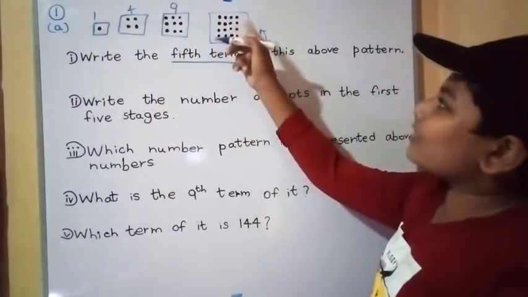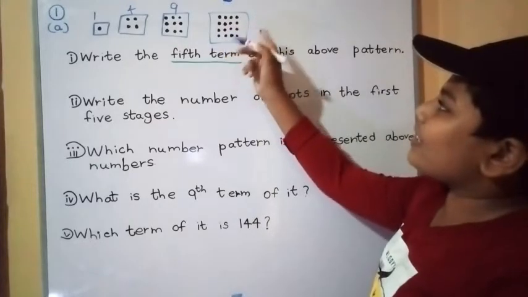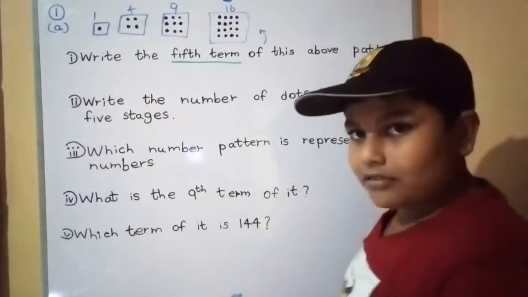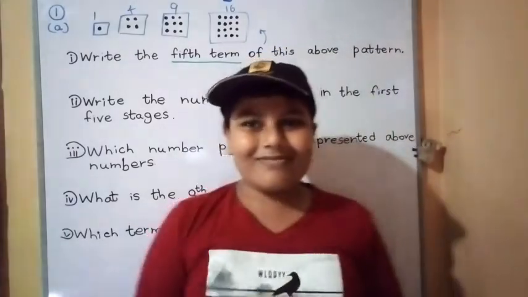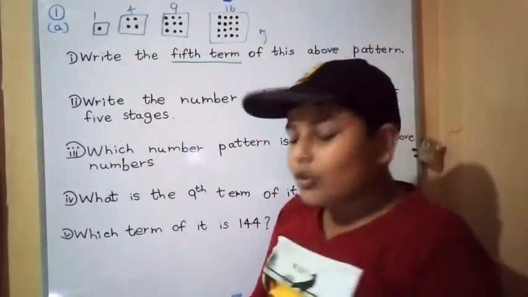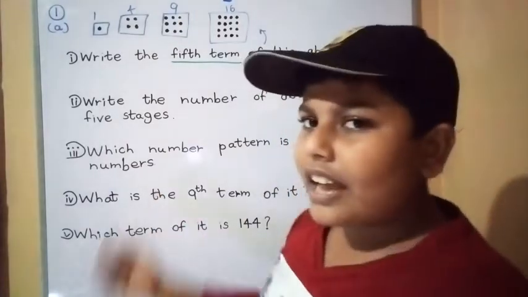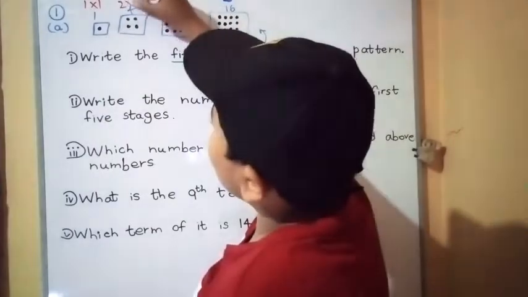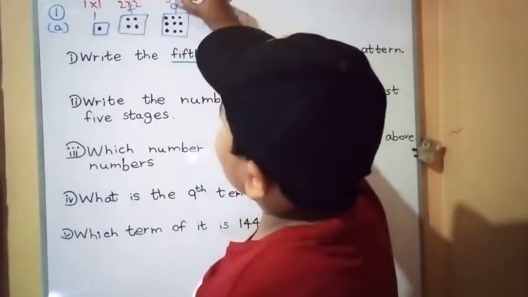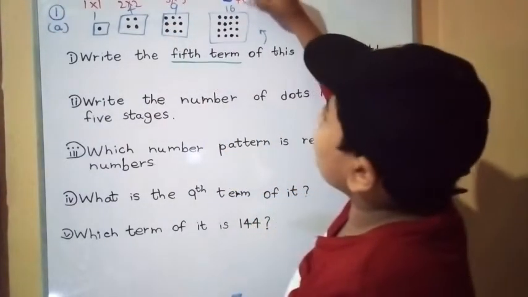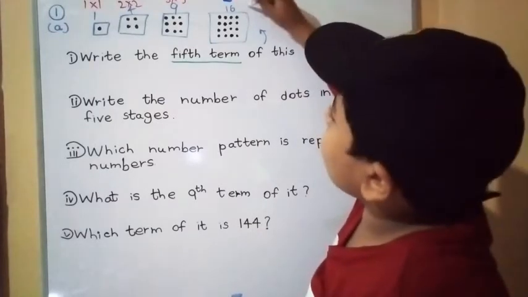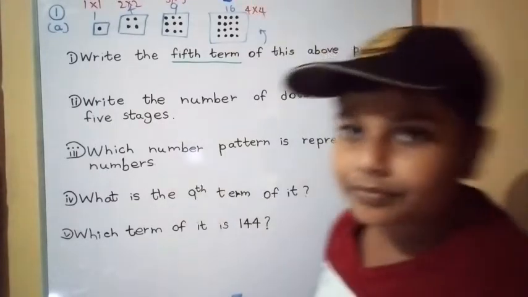Now, 1, 2, 3 up to 16 dots they have. Now, you look, the 1 comes from 1 multiplied by 1. 4 comes from 2 multiplied by 2. 9 comes from 3 multiplied by 3. 16 comes from 4 multiplied by 4.